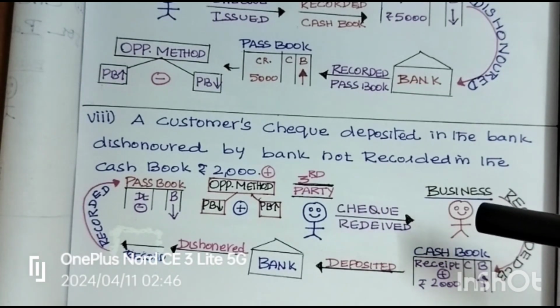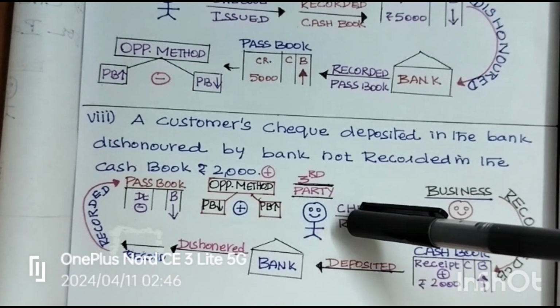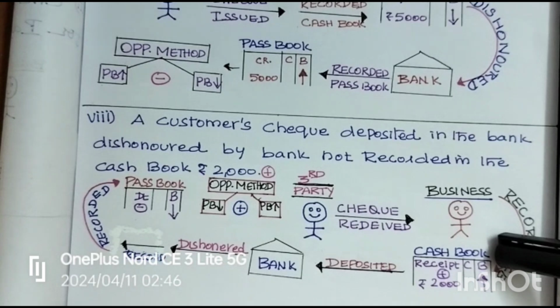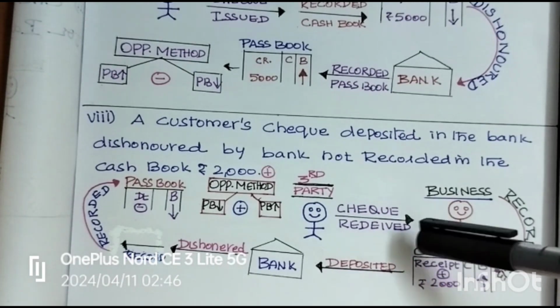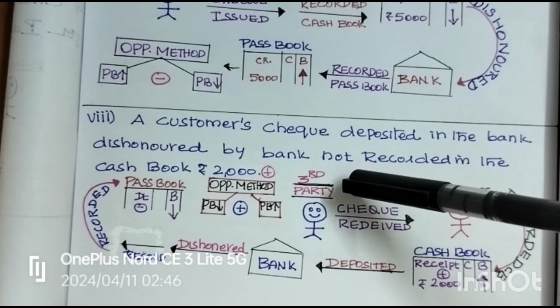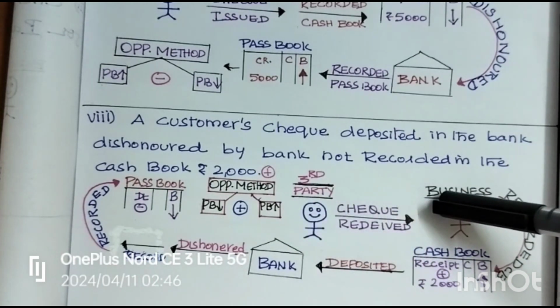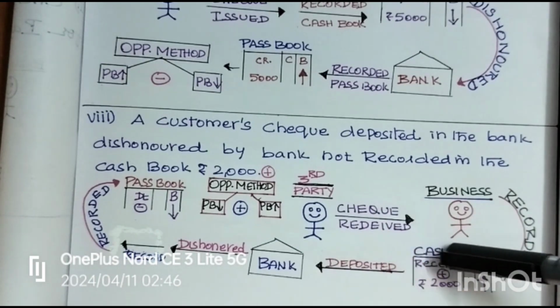Listen. From a third party you received a check, a 2,000 rupees check. After receiving the check, you immediately record it in your cash book.